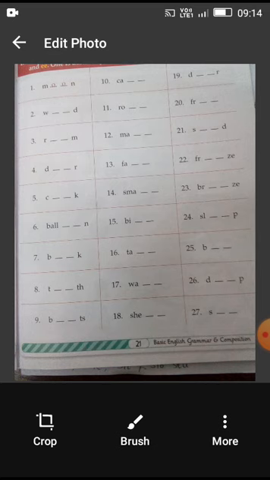Double letters, EE letters you can add here from number 19 to 27. So in this way you can fill up your book. Try to write, and I request the parents, please help your child.